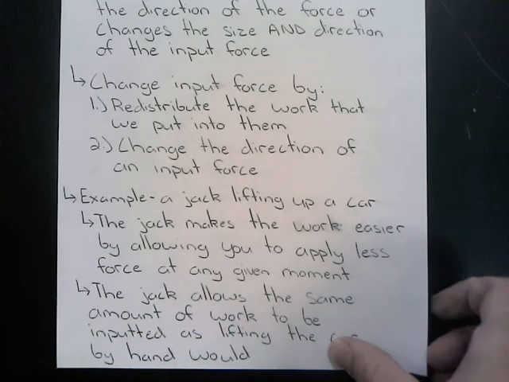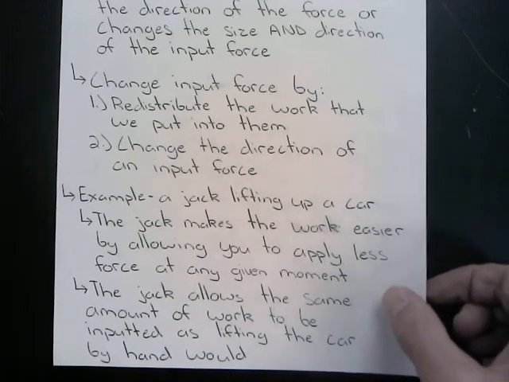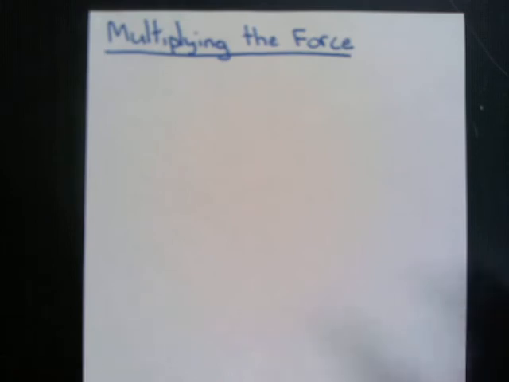So we mentioned here that they can change the direction, and that's really what we talked about here initially. But let's talk about multiplying the force and how a machine can actually multiply the force that is given in this scenario here.